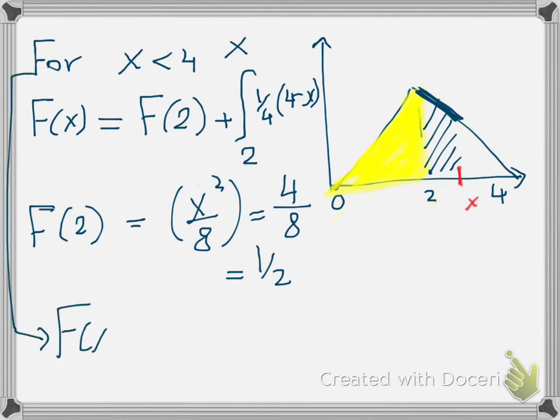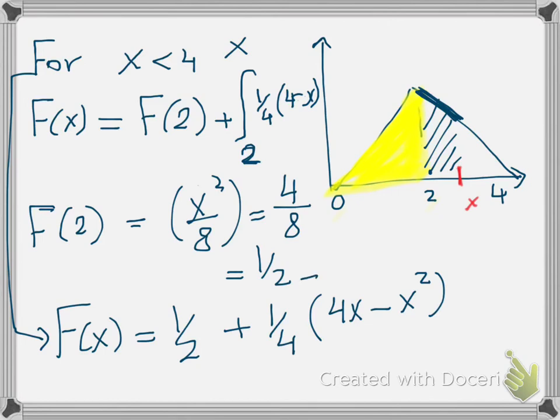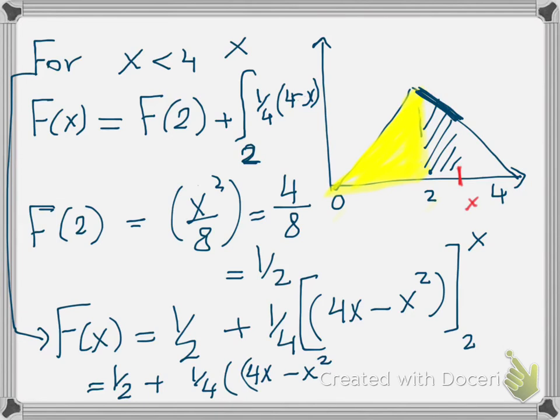So F of x is half plus the integration from 2 to x of 1/4 (4 minus x). 1/4 is a constant. The integration of 4 is 4x, and of x is x squared over 2. Then you write the limits of your integration, x equal to 2 and x equal to x. After that you substitute by x, you get 4x minus x squared over 2. If you substitute by 2, you get 8 minus 4.